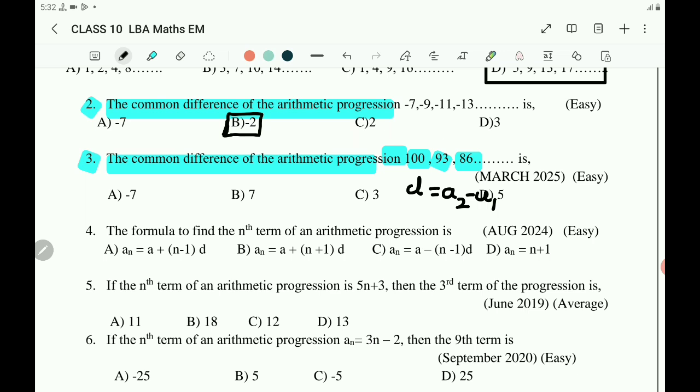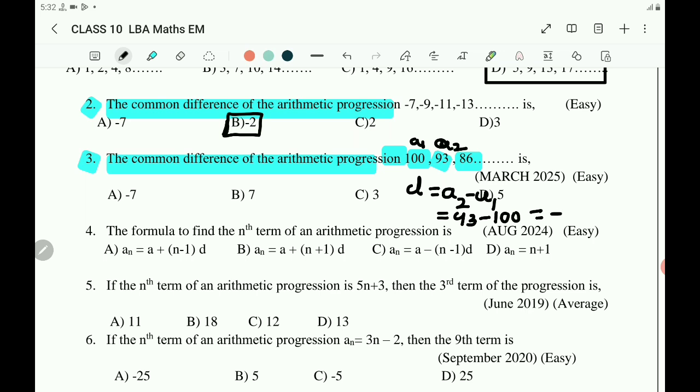A2 is the second term. A1 is the first term. So A2 is 93, A1 is 100. 93 minus 100. 93 minus 100 is how much?